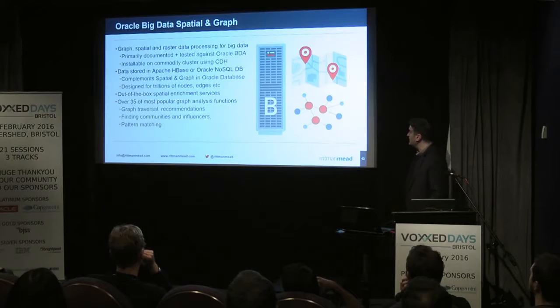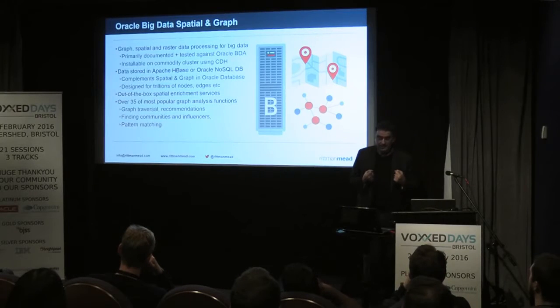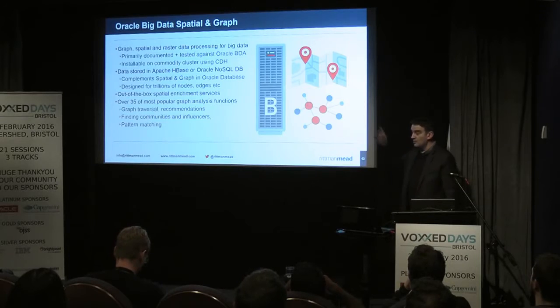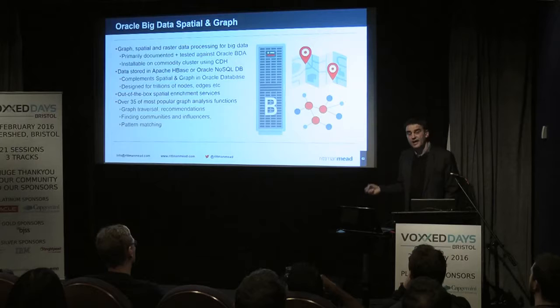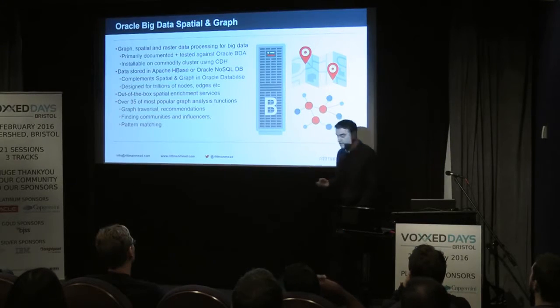So we can take that Twitter data, load it into various formats, into files, and then put it into Big Data Graph and Spatial. In the background, it uses HBase as the storage engine. The reason we do this on Hadoop is that with HBase we can have trillions of these connections.